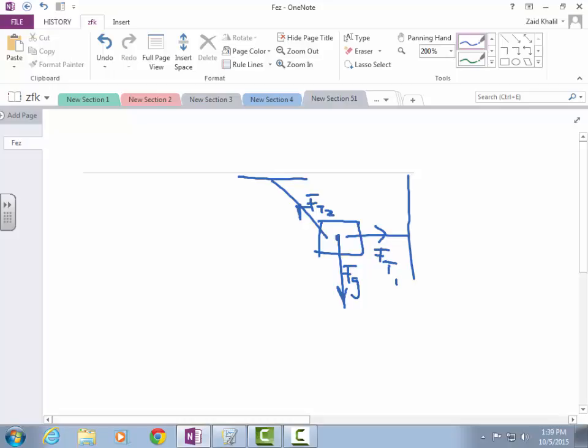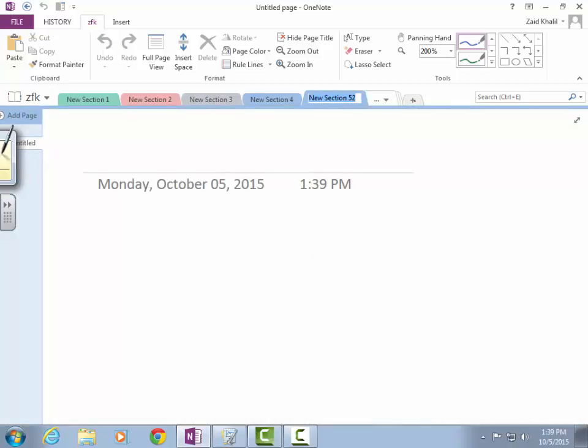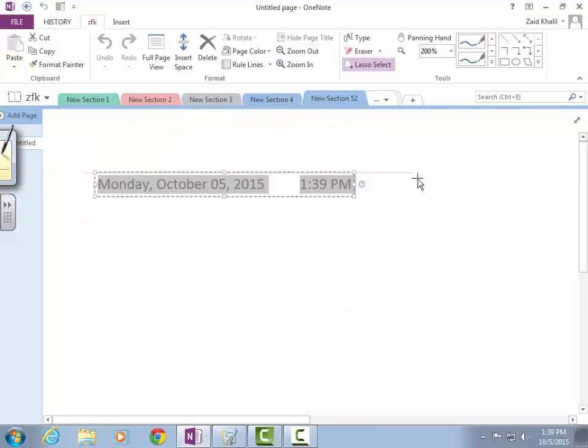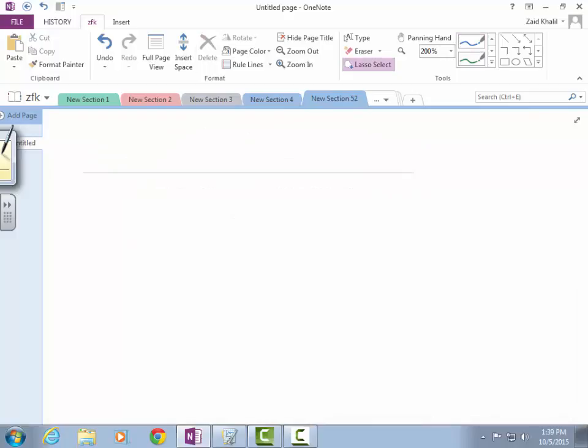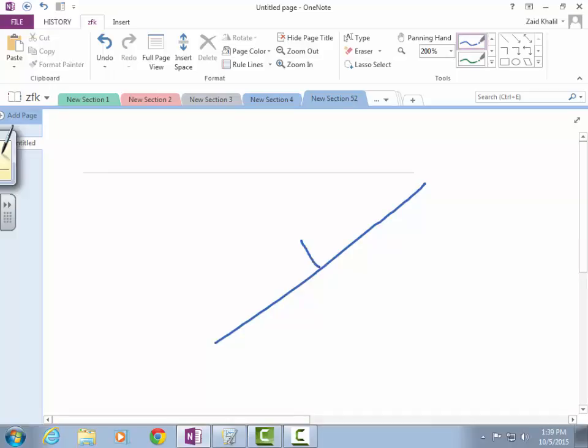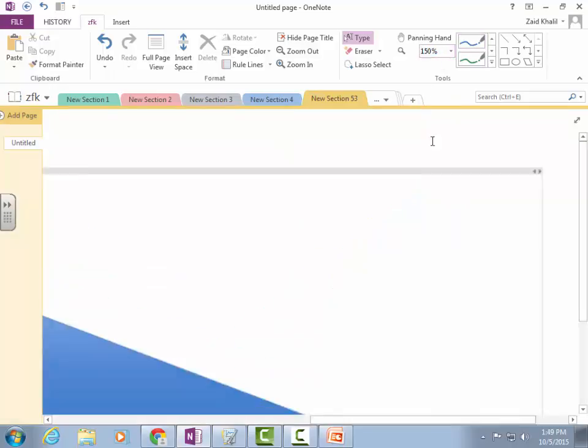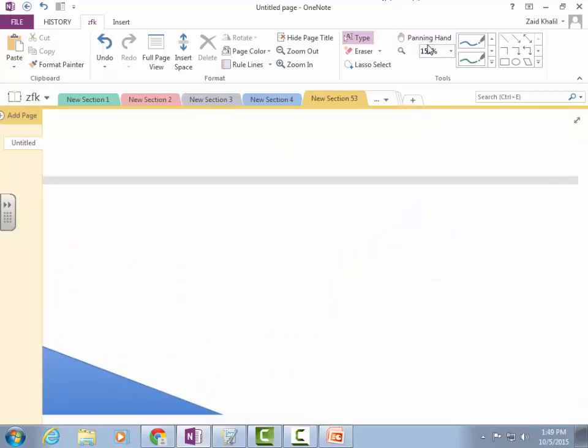Yes. 30. Oh, 30. You are a bold man. 30. A block is placed on a rough incline. So you have a block.